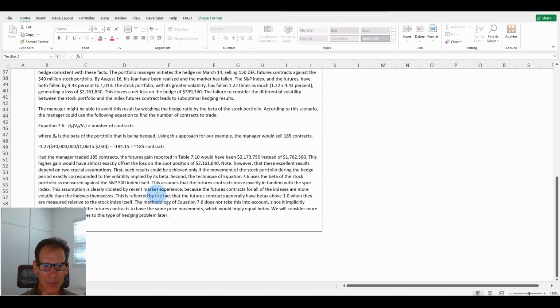This is reflected by the fact that the futures contracts generally have betas of 1.0 when they are measured relative to the stock index itself. The methodology of equation 7.6 does not take this into account, since it implicitly assumes the index and futures contracts have the same price movements, which would imply equal betas.